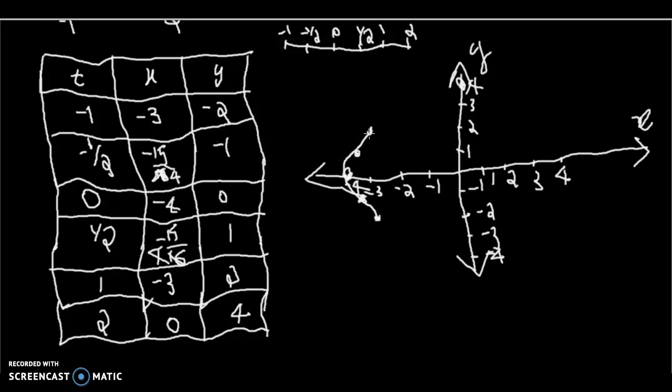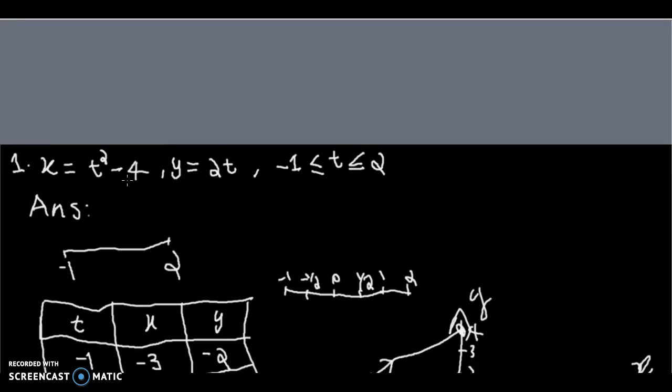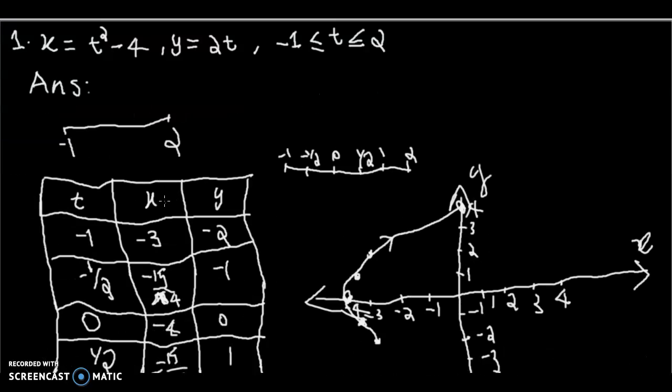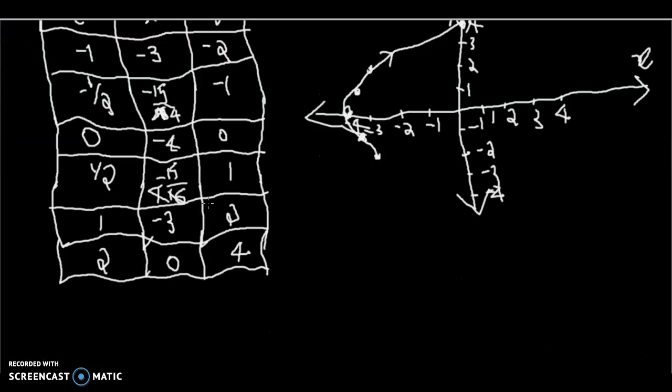Starting from this point, this is a curve. This is the parameterized curve corresponding to this, right?